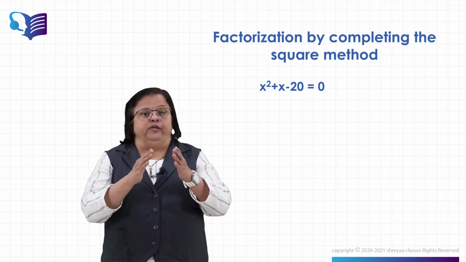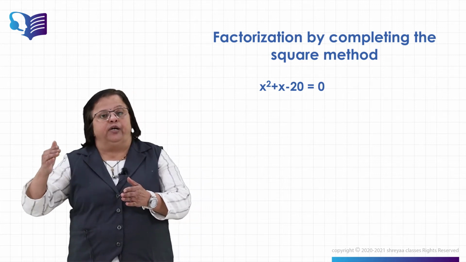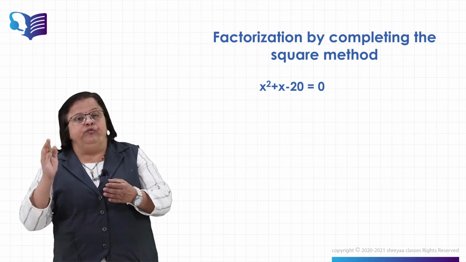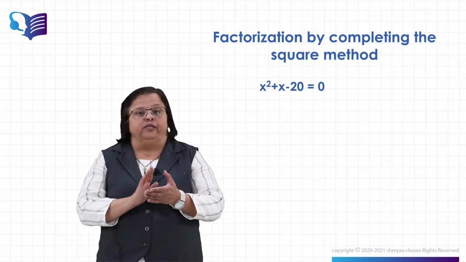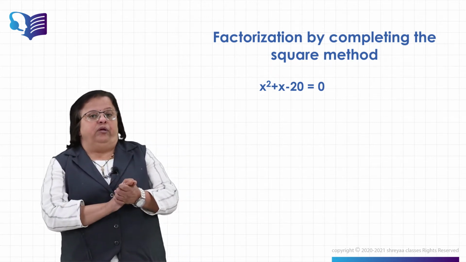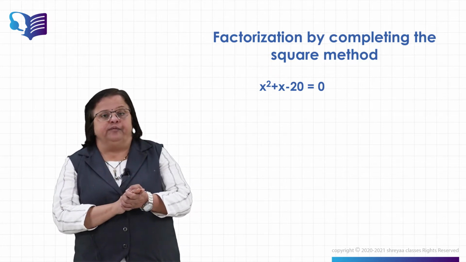If the question paper says solve the given quadratic equation by completing the square method, and you did it by factorization, then you will not get the marks for that. So let us see how to factorize by completing the square method.